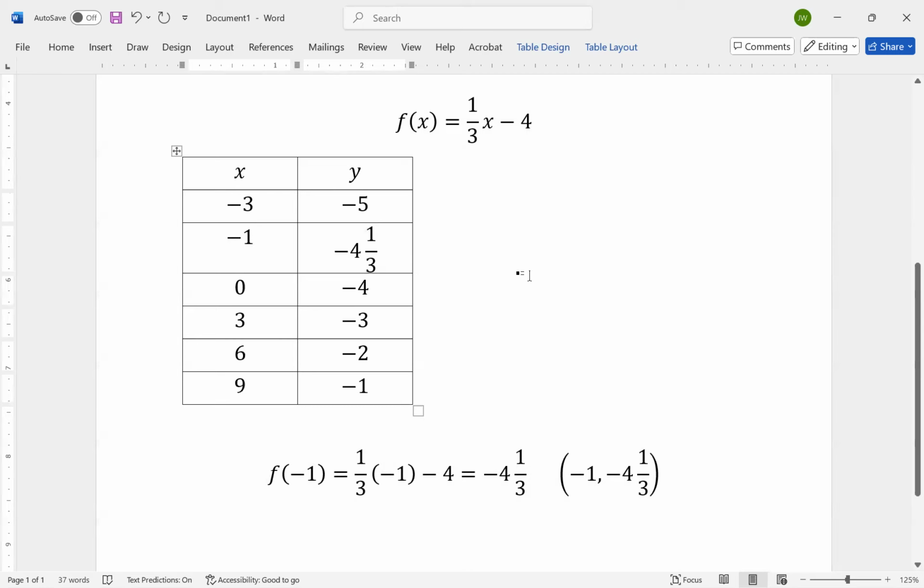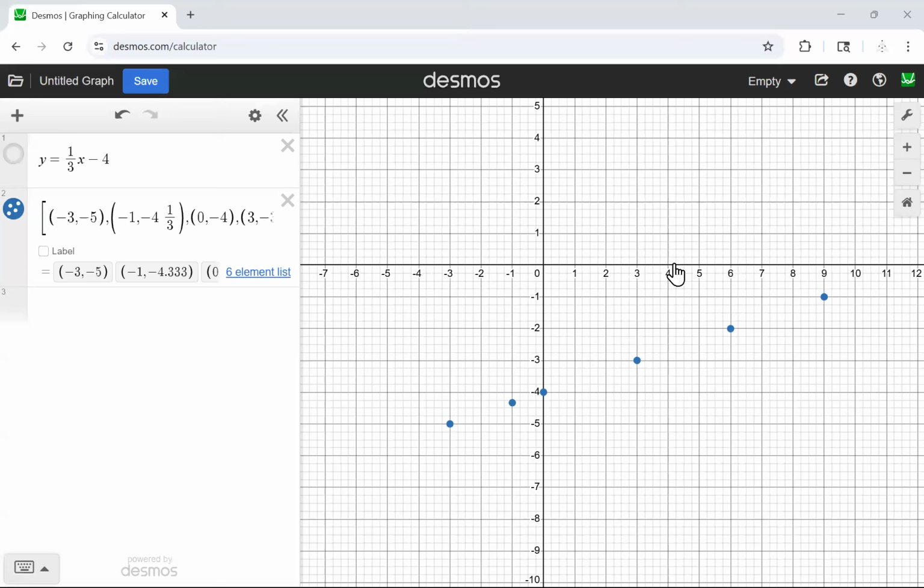Here we have lots of points that we can plot. So let's go ahead and do just that. We'll plot those points on the Cartesian coordinate plane and then connect the dots. Now I've plotted all those points already in Desmos. We have -3, -5, -1, -4 and a third, 0, -4.